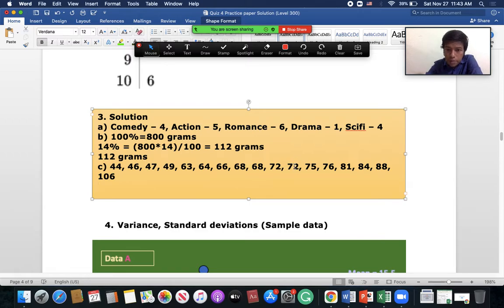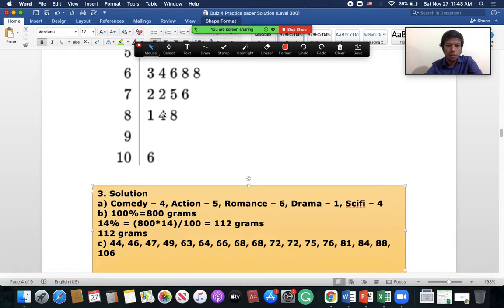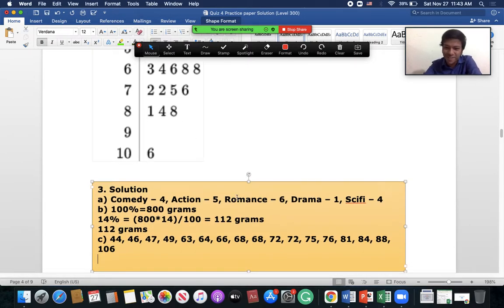Oh, 72 also comes 2 times. That's interesting. 72 also comes 2 times. So the 68, is there any other number repeating? Oh my god. Yeah, so the mode is 68 and 72.